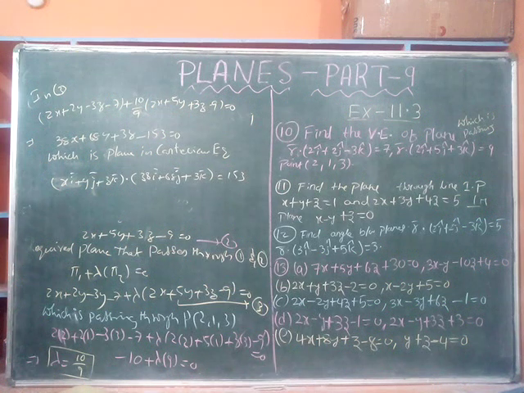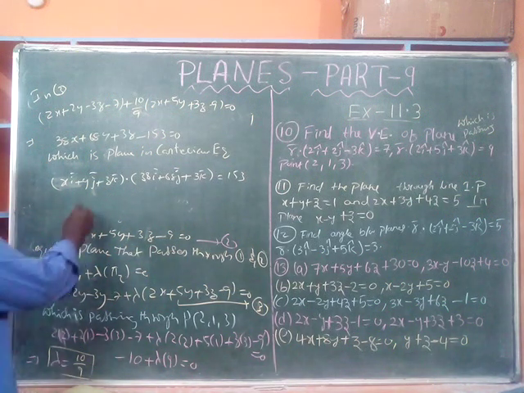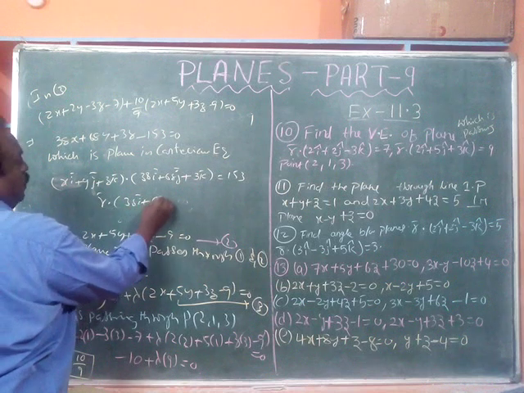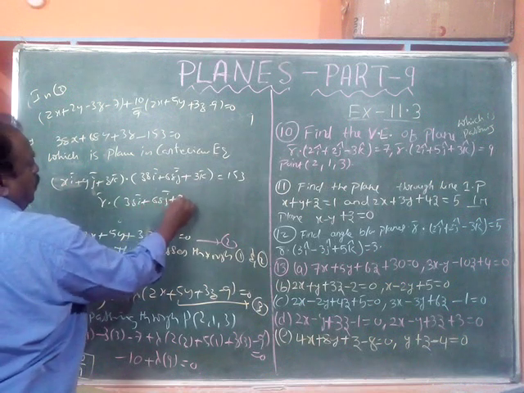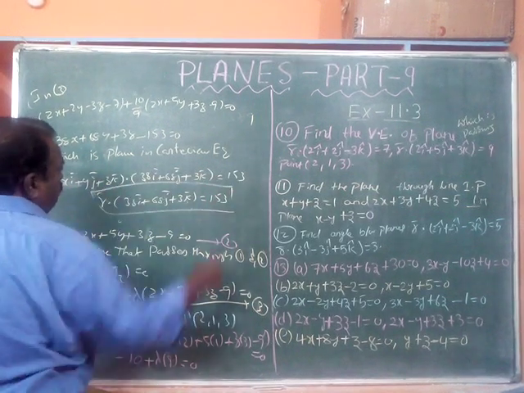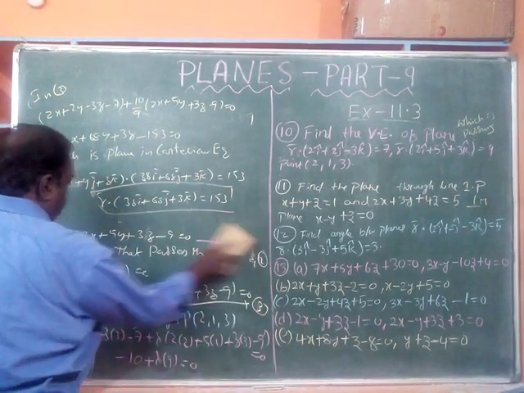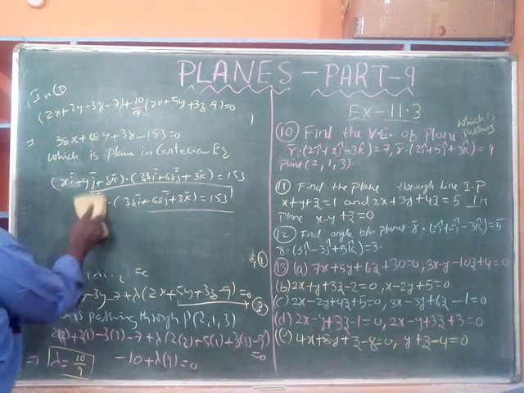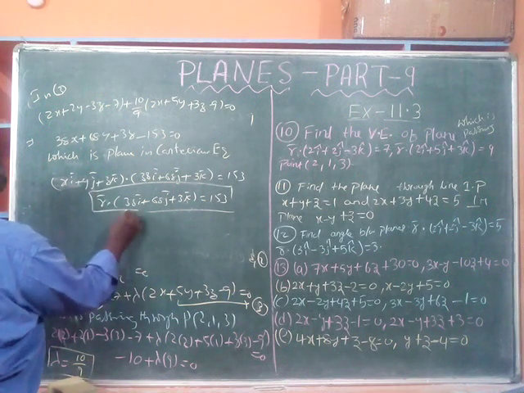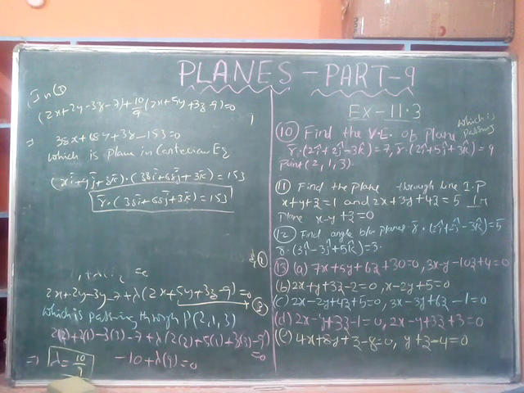Okay, now like that, this is r bar dot (38i plus 68j plus 3k) is equal to 153. This is the vector equation of the required plane. Okay, that is the 10th problem.